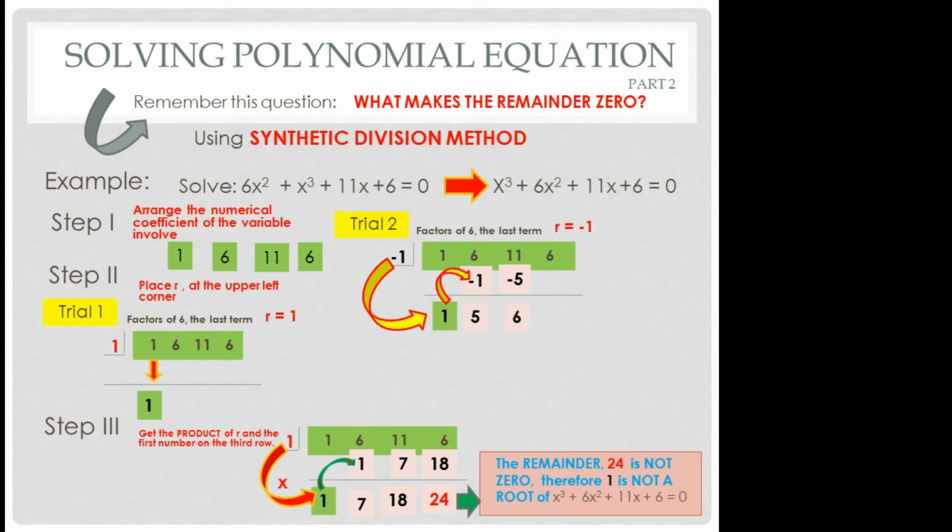If we combine 11 and negative 5, that is 6. Times negative 1 will give us negative 6. Combine 6 and negative 6 will give us 0, meaning the remainder is 0. Therefore, negative 1 is a root of x cubed plus 6x squared plus 11x plus 6 equals 0.